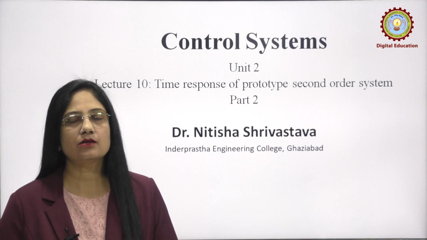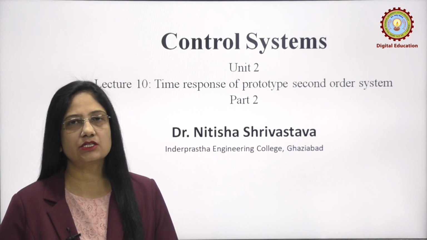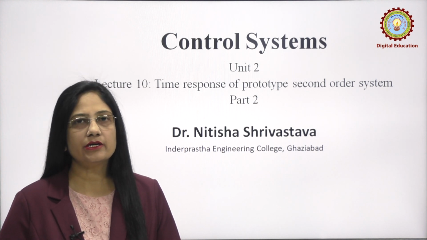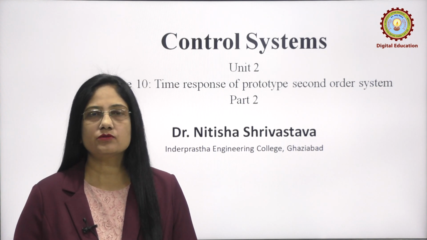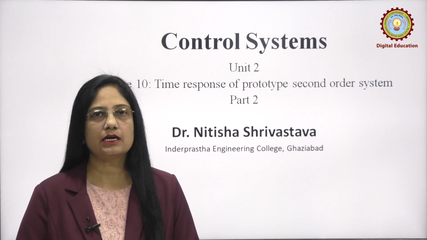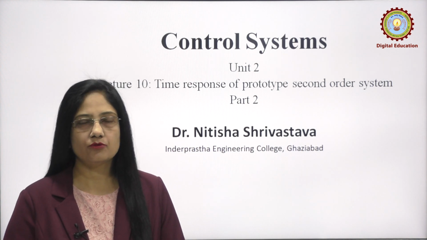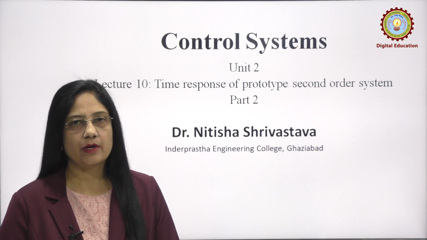Now, we will see what is the role of the damping ratio, damping factor, and how it affects the stability of the system. Stability of the system means the location of the roots on the S plane.